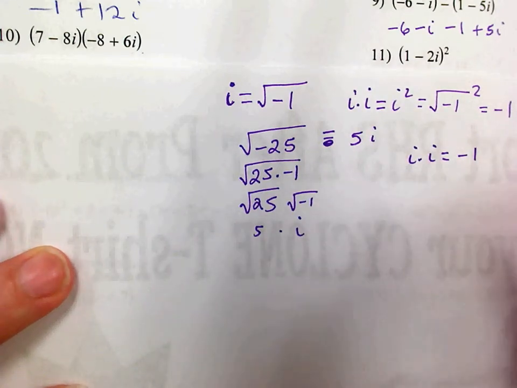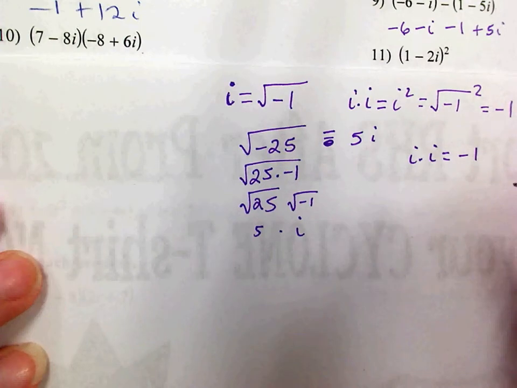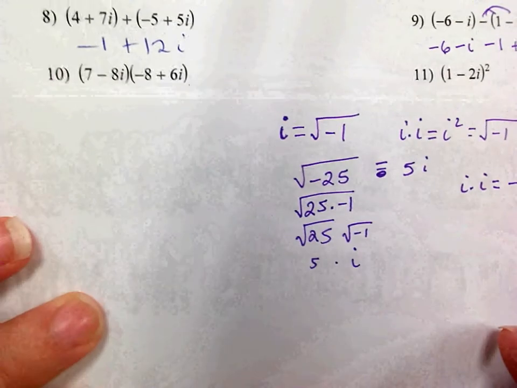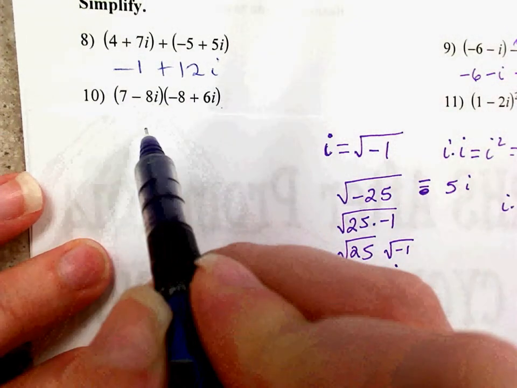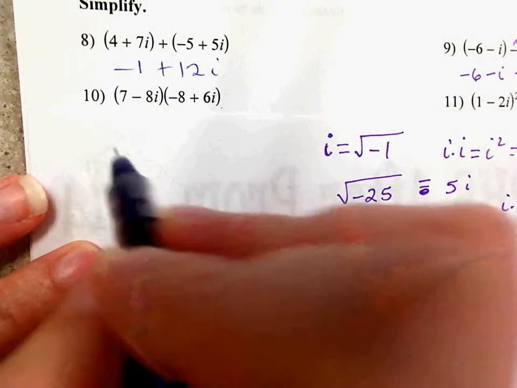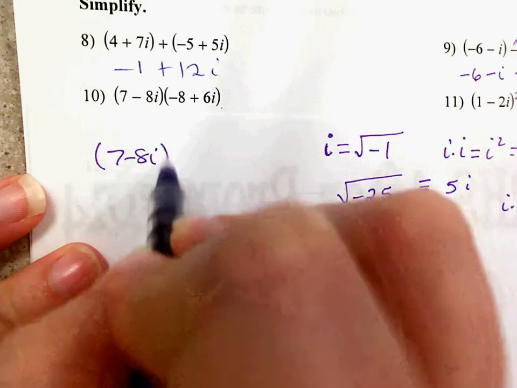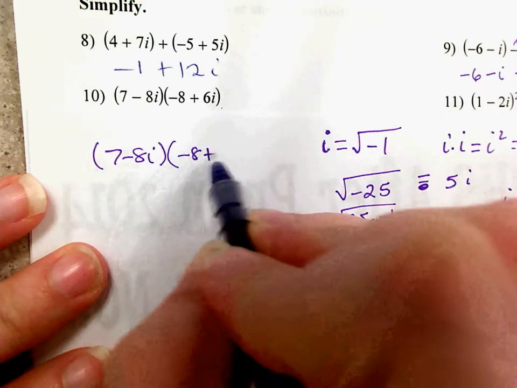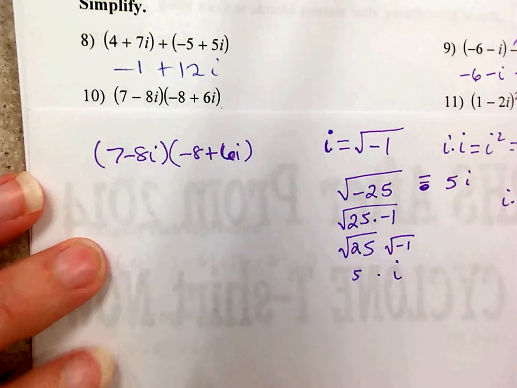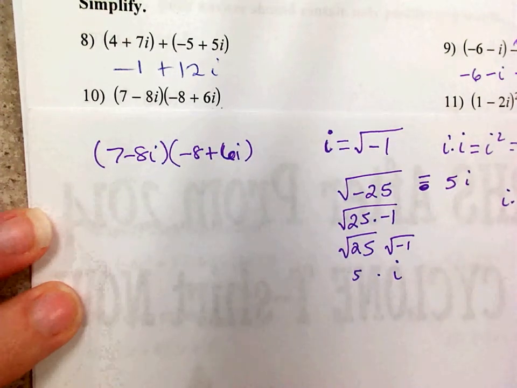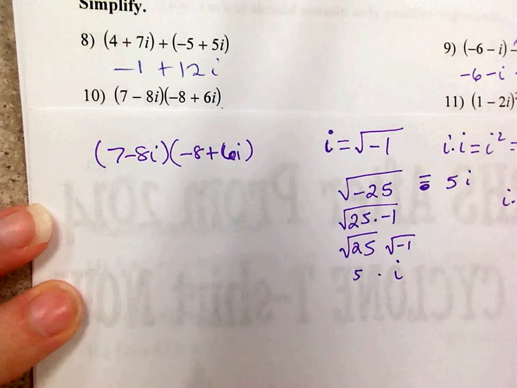So, let's multiply this out. What do I have to do with these? What do you have to do, guys? Oh, multiply. 7 times a negative 8. If you don't know it, type it in.